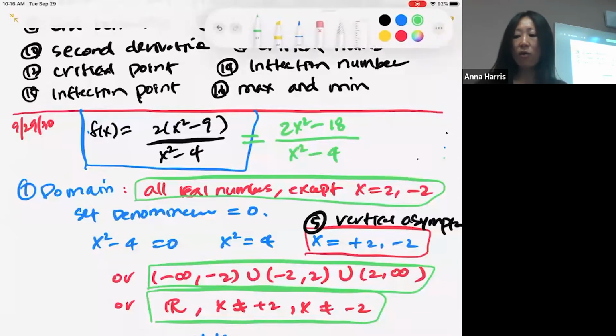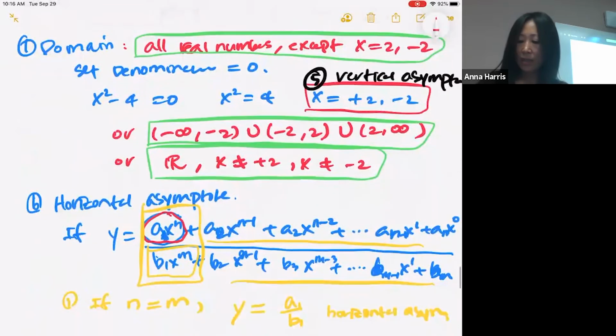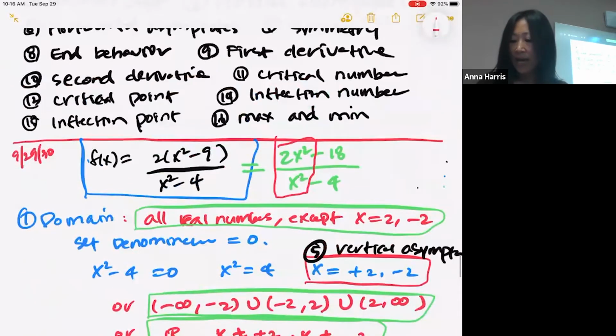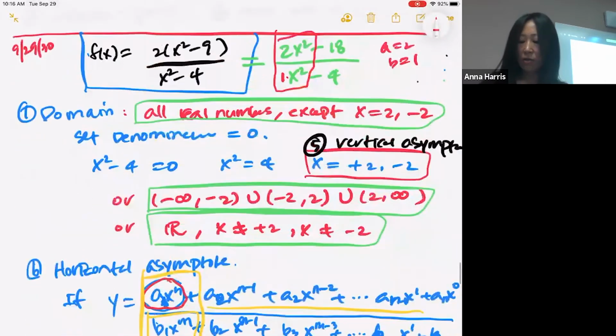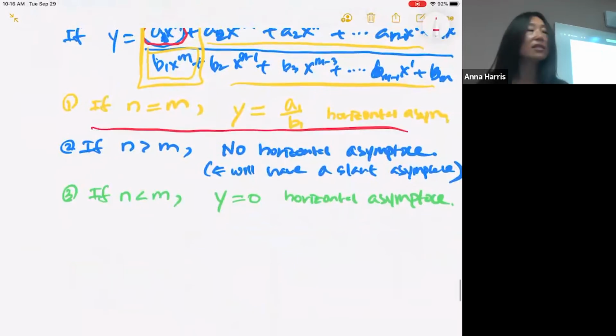What is my leading coefficient? This is what I'm going to worry about, isn't it, right? So looking at that, my a is 2, my b is what? 1, right? This is my case, isn't it?